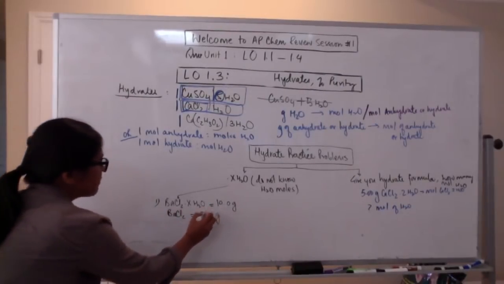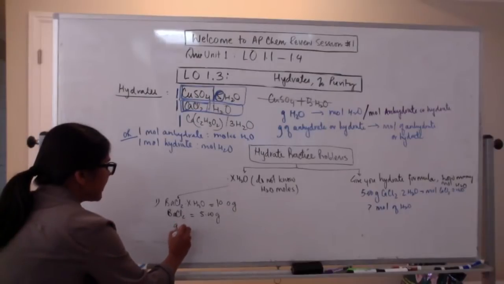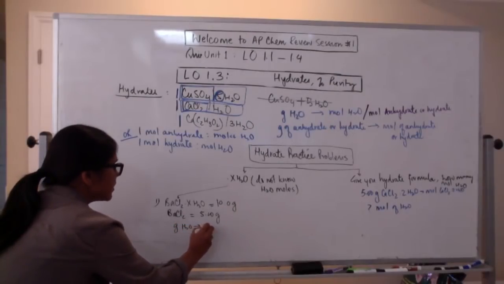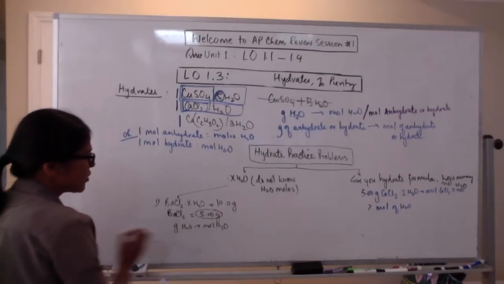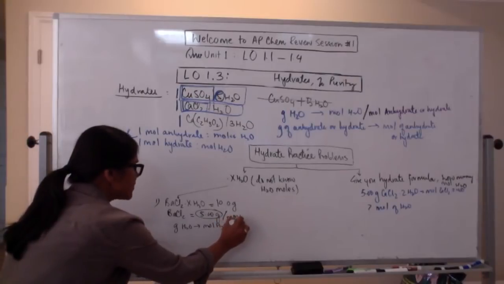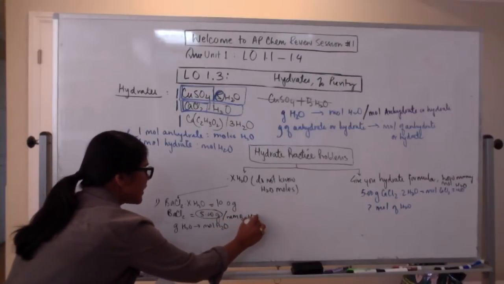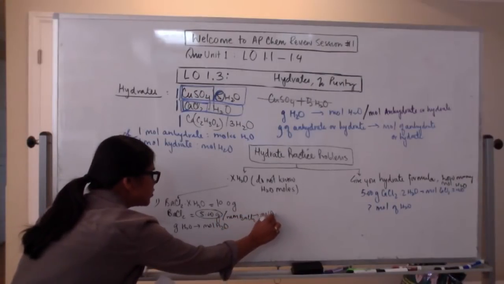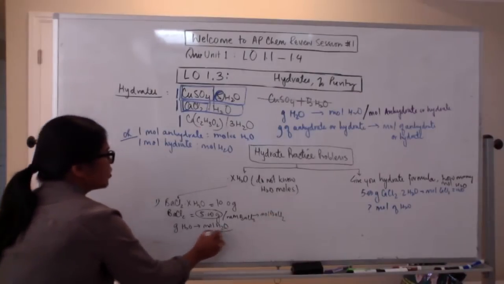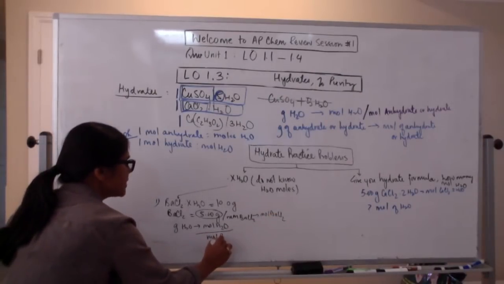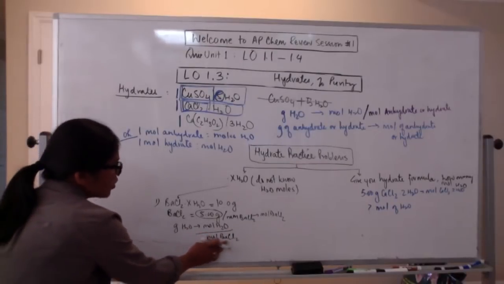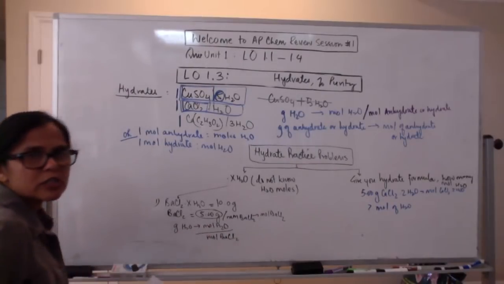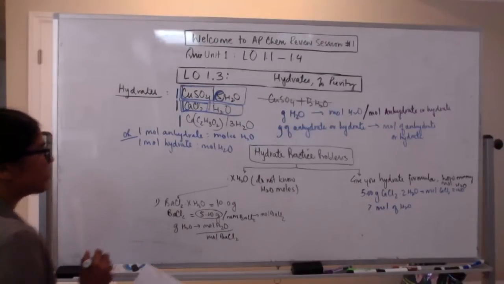In this case, by subtracting the two, you can get grams of water converted to moles of water, right? And now you will use moles of anhydrate. So divide by the molar mass of BaCl2 to get moles of BaCl2, and then divide moles of water by moles of BaCl2 to get, for 1 mole of BaCl2, how many moles of water should be there. That's one type of problem.